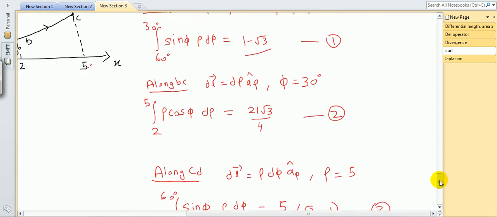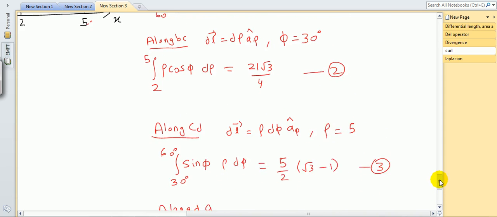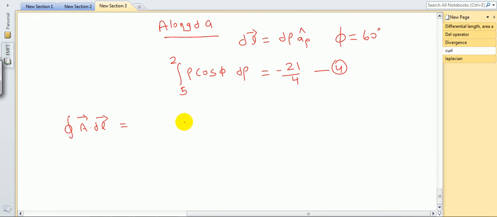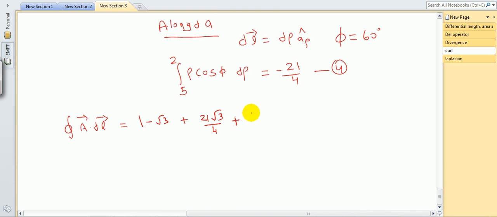So if I add 1, 2, 3, 4 equations, the total A dot dl will come as: the first part 21 root 3 by 4, the second part 1 minus root 3, then plus 21 root 3 by 4, plus the third part 5 by 2 root 3 minus 1, and the fourth part minus 21 by 4.